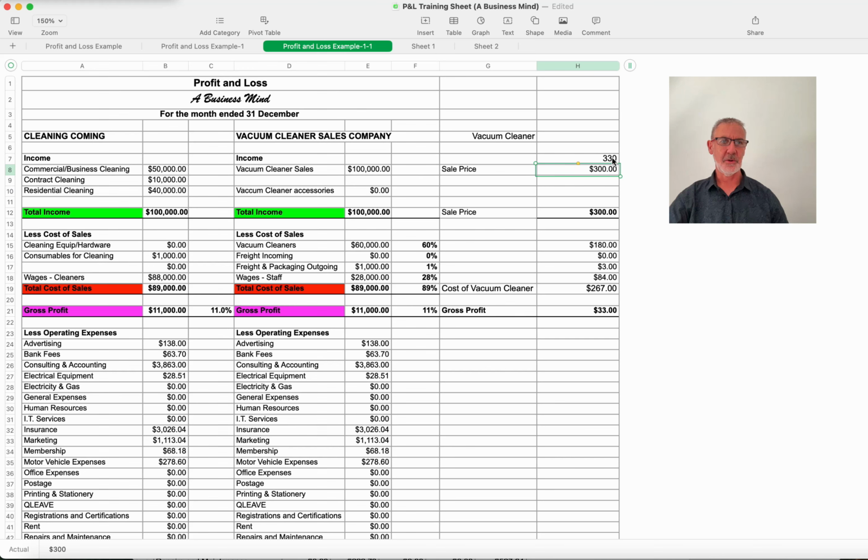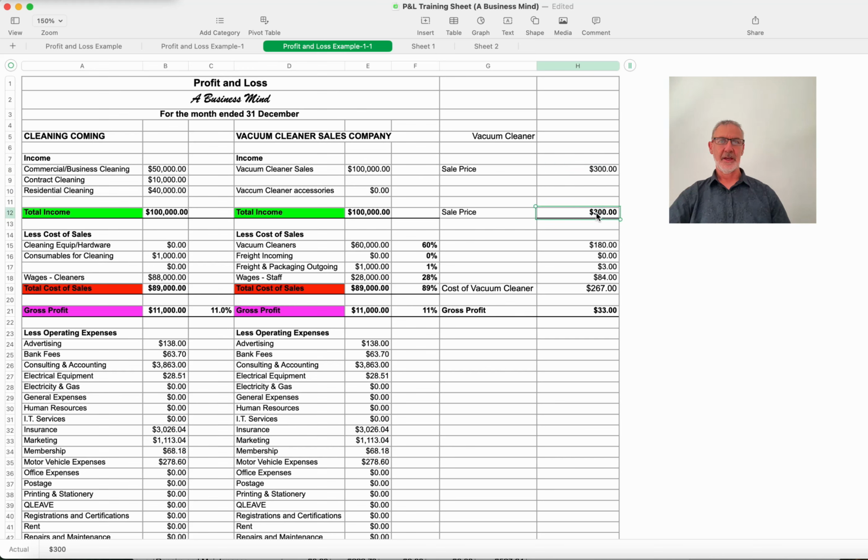So that's the true retail price is $330, but when it transpires to the profit and loss, it shows less that GST, which is $300 in this case. So we've got the net price of $300, so the tax is taken off that. So that's the sale price.